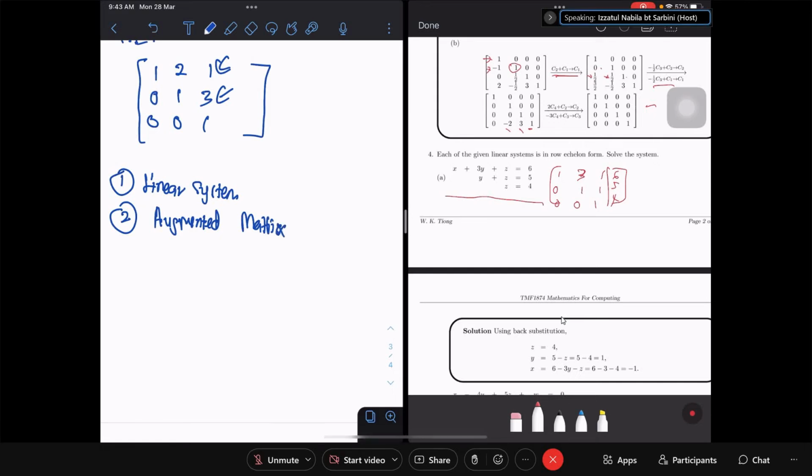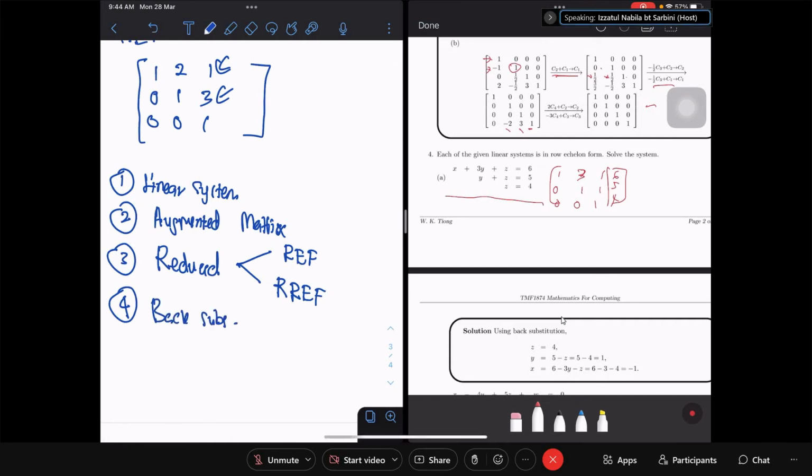The third step is you need to reduce the augmented matrix. It's either REF or RREF. And the last step, after you reduce until REF or RREF, is you do back substitution.